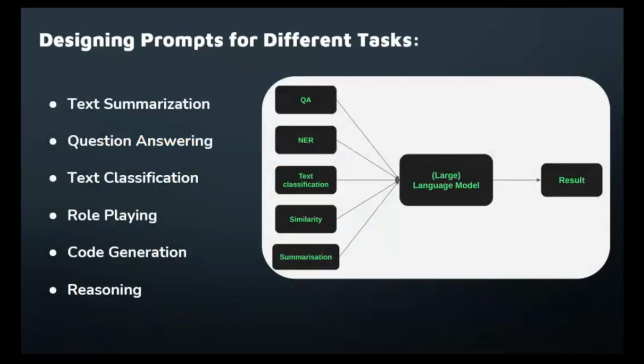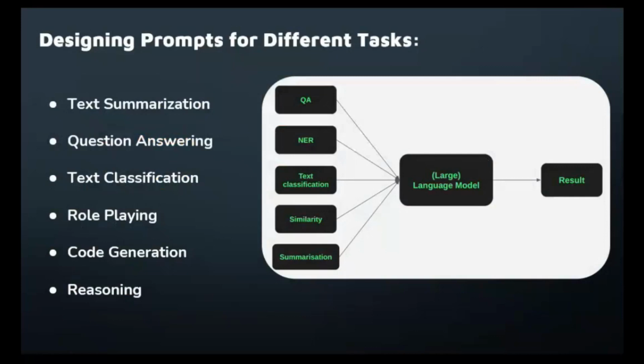Text summarization, which basically condenses the text while retaining its essence. Next, question answering, which basically crafts the prompt to extract specific information. Then we will be using text classification, which is basically crafting the prompt for categorization of text.